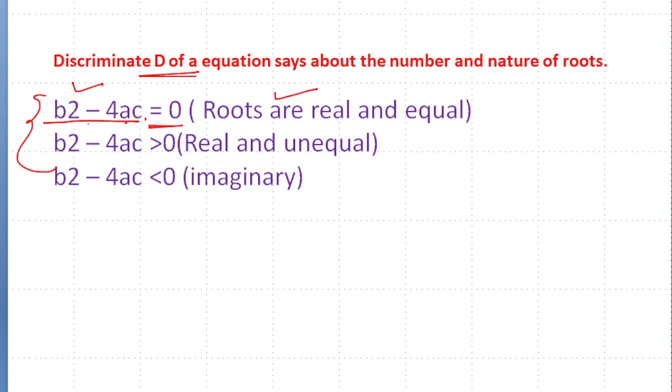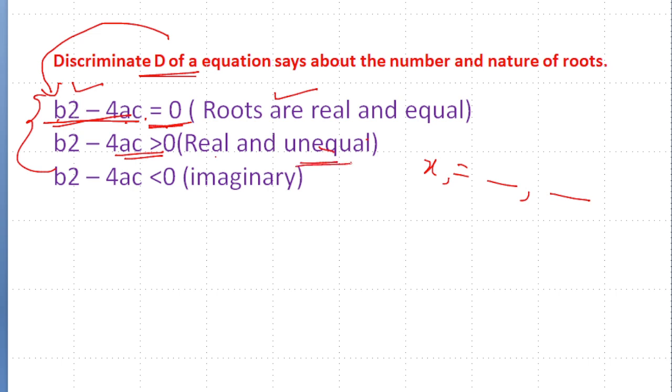Remember it. If b square minus 4ac, which is equal to d, equals 0, then it will have two values of x which are equal and real.